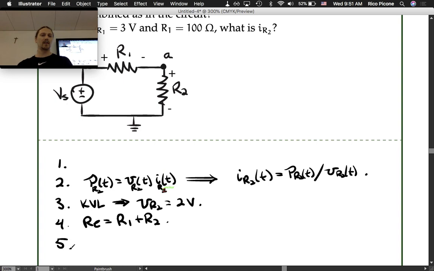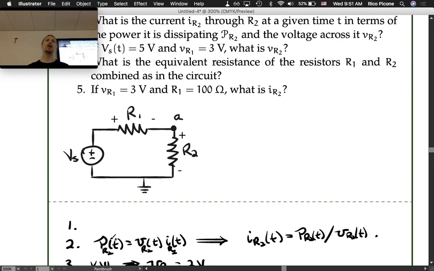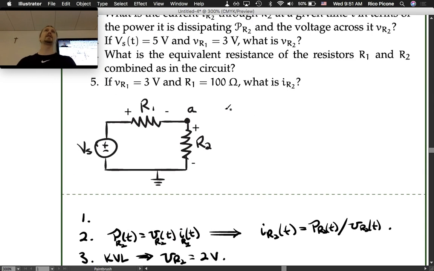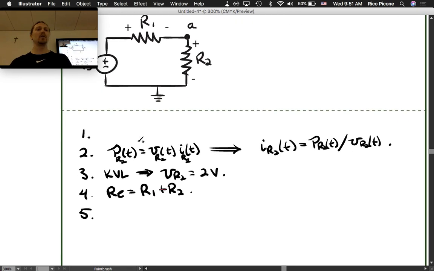5. If VR1 is 3 volts, the voltage across R1 is 3 volts, and R1 is 100 ohms, what is the current through R2? This is 2 steps we have to do here. If we know the voltage and the resistance of R1, we can find the current through R1 using which law?